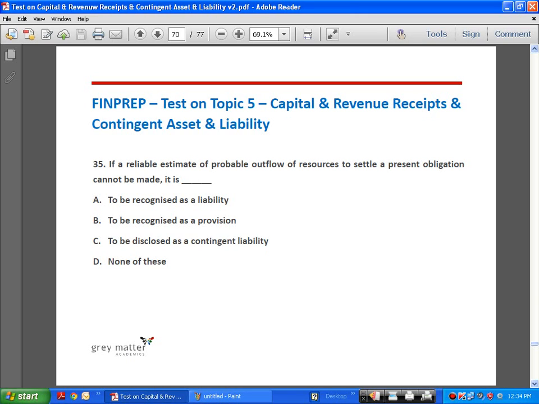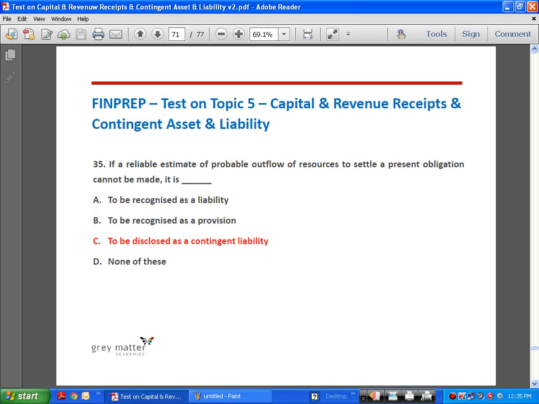Similarly, in case of a suit where the decision is pending, or where you are not able to make a reasonable estimate of the damage that you are likely to pay in case you lose the case, such are examples of contingent liabilities, and they are only supposed to be disclosed. Though there is a present obligation, if you're not able to make a reliable estimate of how much is going to be the probable outflow of resources, you cannot show it as a liability, because the definition of a liability is different.